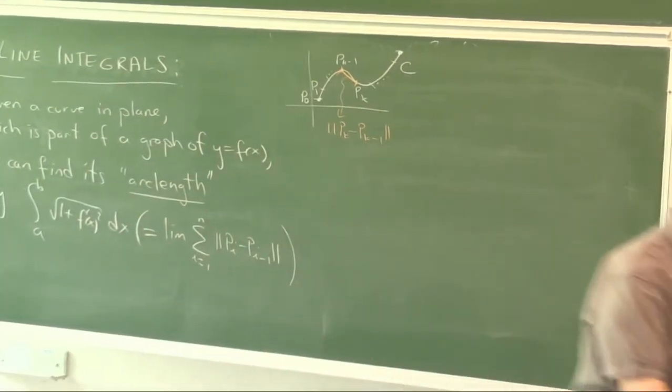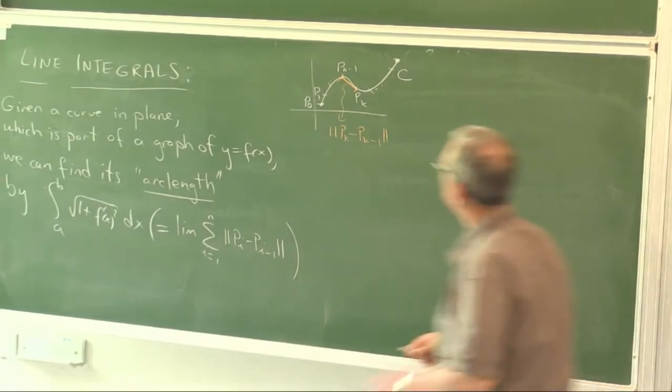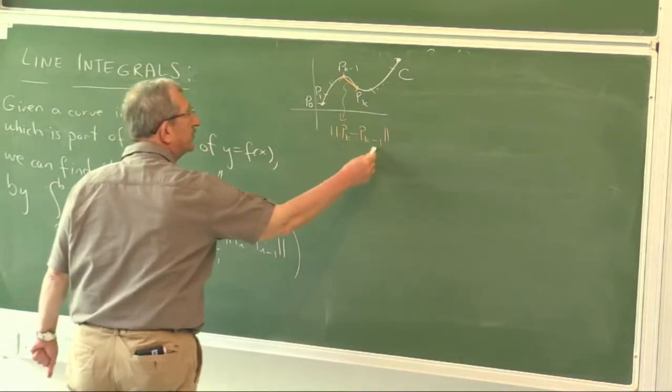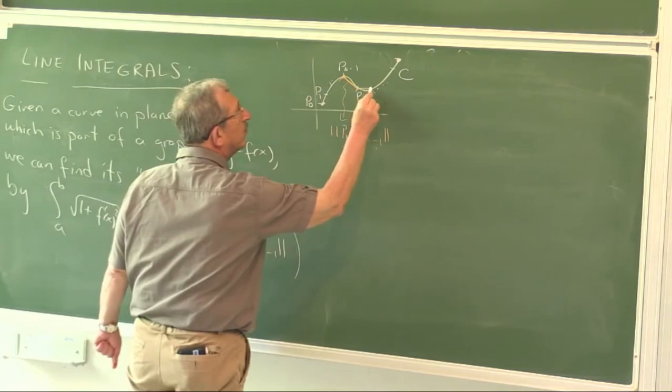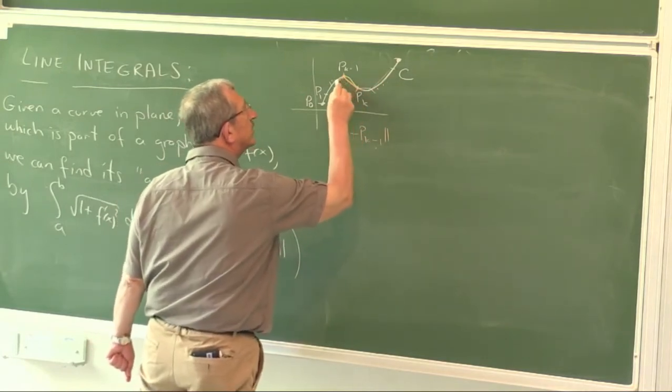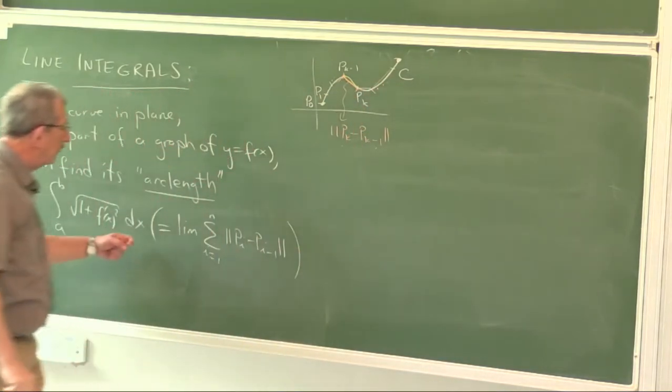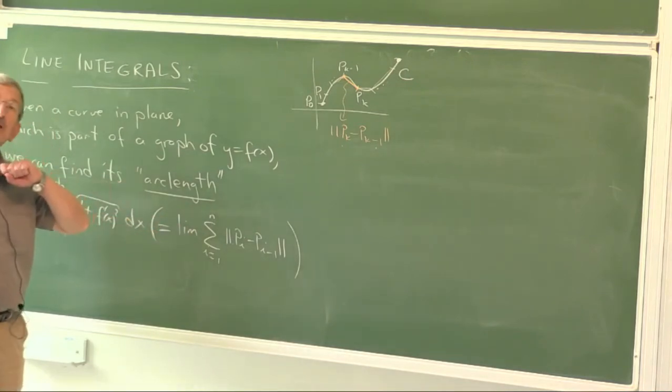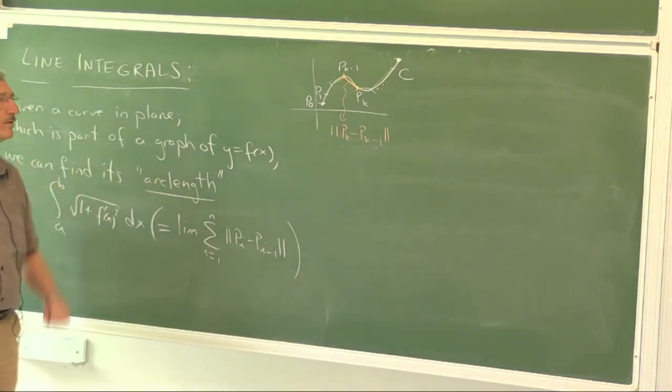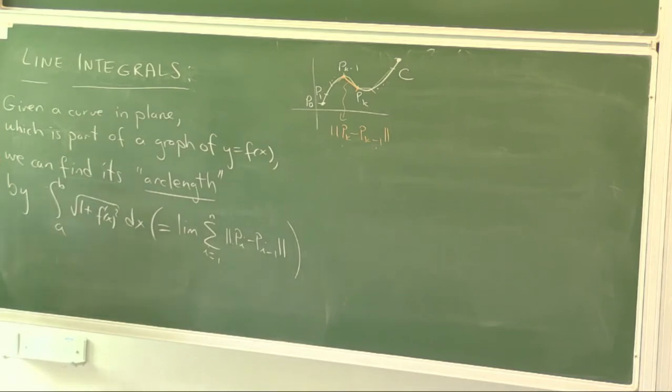So, adding these terms, these differences, we obtain an approximation to the length of the curve, and when we pass through the limit, we obtained the arc length.